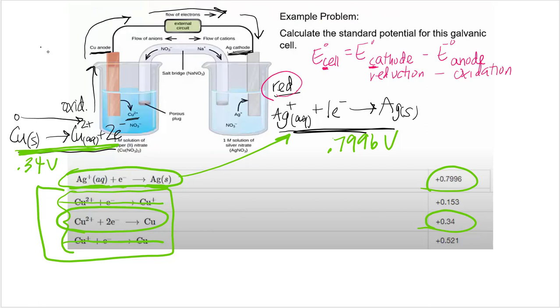So my reduction is, let's change color here, 0.7996 volts minus my oxidation, 0.34 volts. Now notice, do not change the sign of my oxidation value.